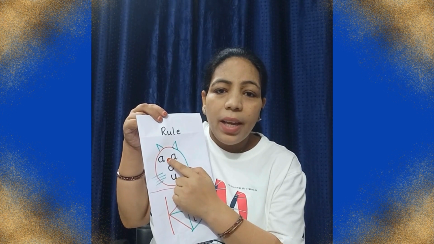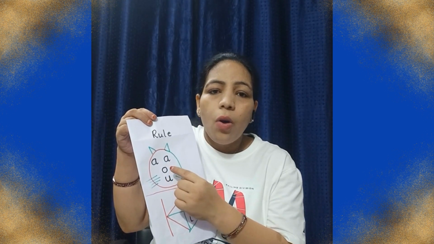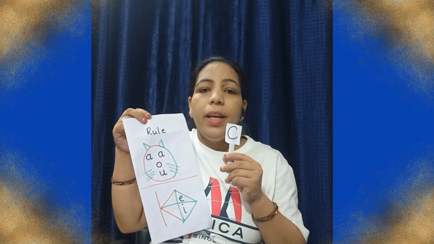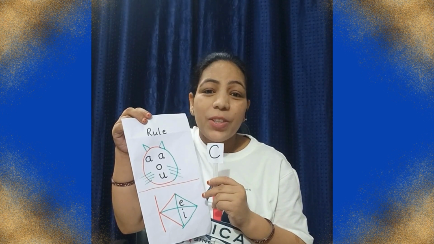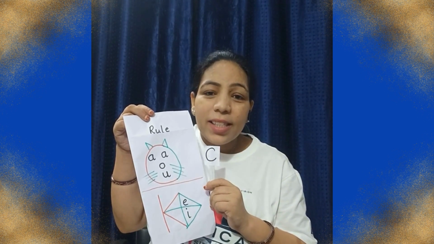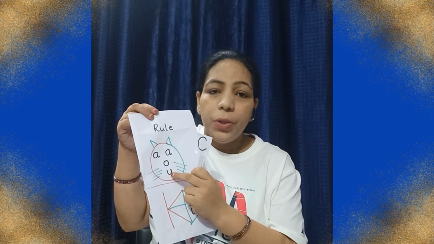A, O, U. When you see a word with vowel A, O, U, then you will use letter C. Which letter? C letter.